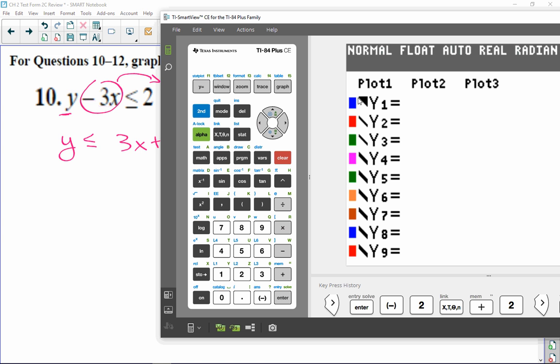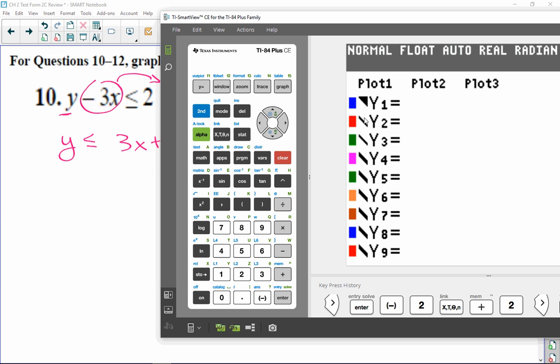A triangle. Notice this triangle is pointing where? It's pointing up. You have to think of the corner, this corner right here or this corner down here.